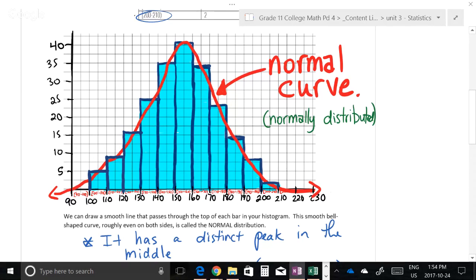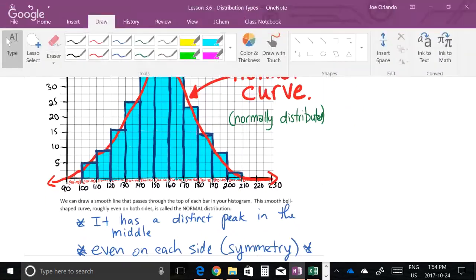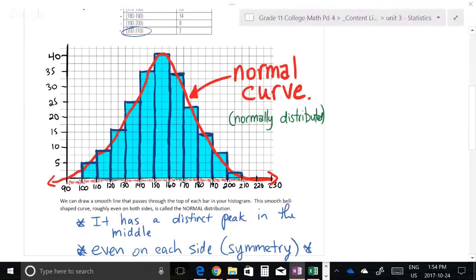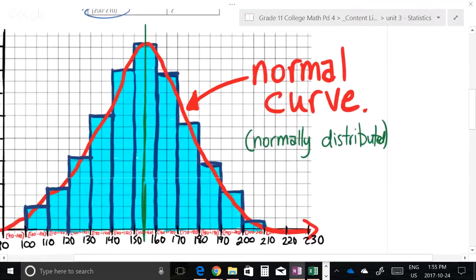In a normal curve, and this is something we hinted at the other day but haven't yet talked about, the last thing we're going to talk about is that the mean, the median, and the mode go right down the middle. Does that make sense?